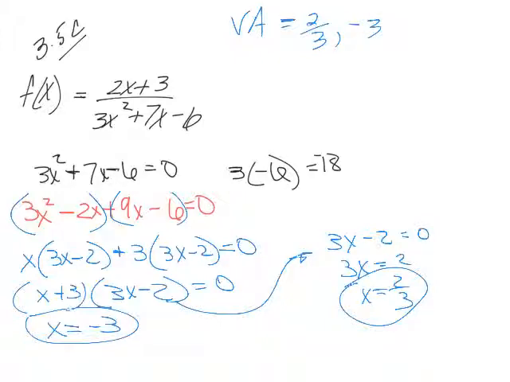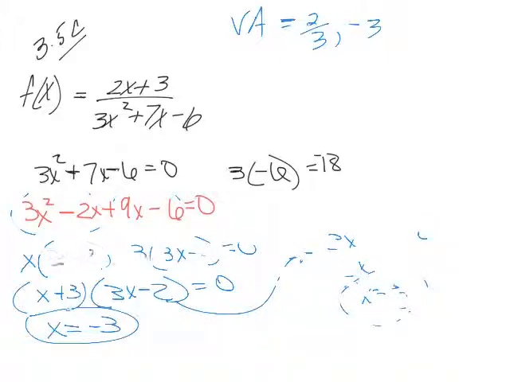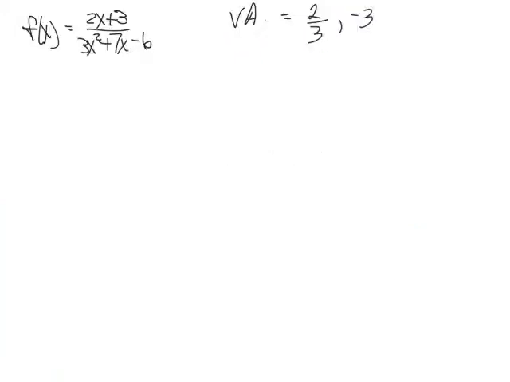Okay? So let's try to get rid of all this so that we can keep going and I have room. Okay, the next part of this is finding the horizontal or the oblique asymptote. And the way we do that is, if you remember, you look at the exponent on the first term here and the exponent on the first term here.